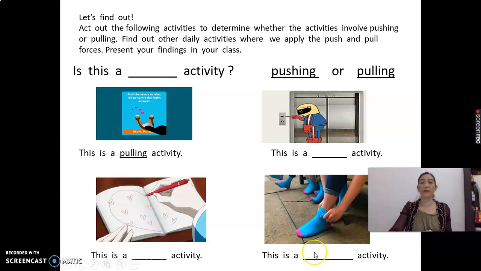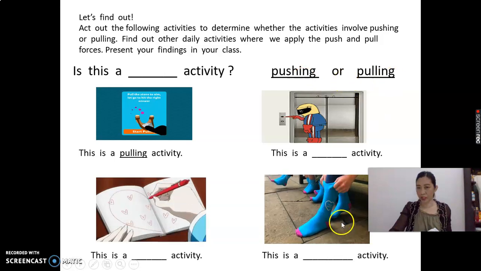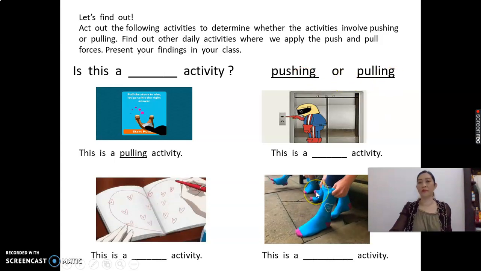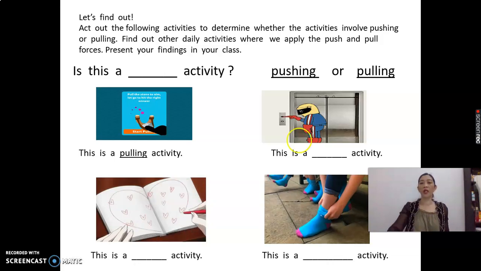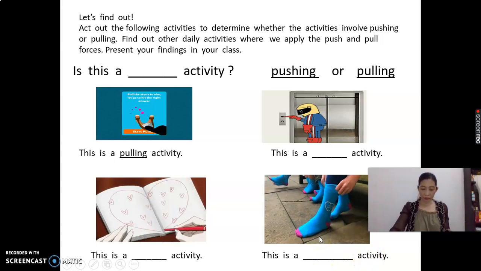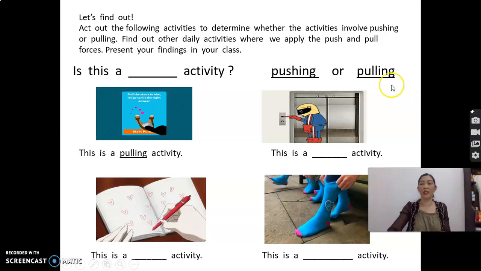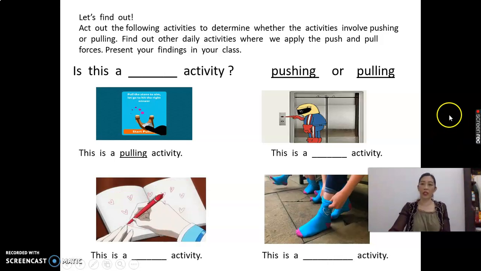Okay, number 4. Is this pushing or pulling? Very good. That is pulling, because when you put on the socks and pull going up, that is a pulling activity.